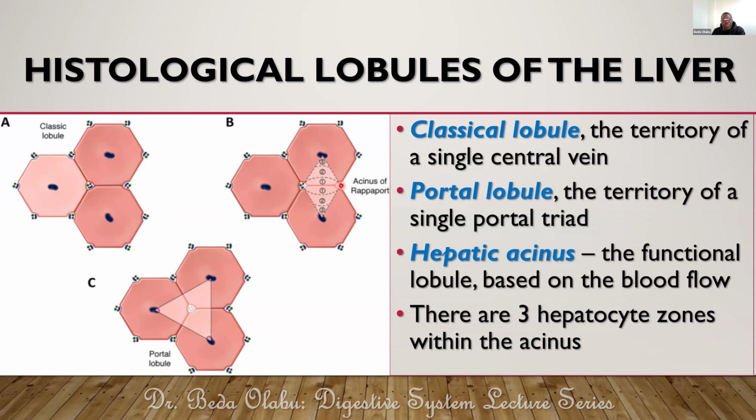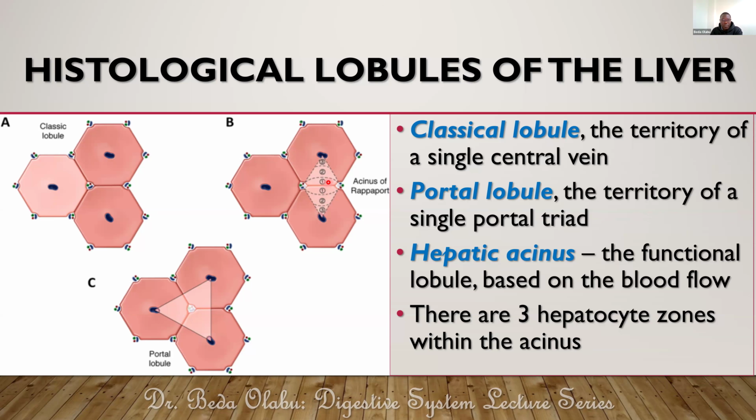So this other portal vein, the one found here, will also take its blood that way and that way. This helps us to define 3 territories within this diamond on either direction. On the direction of that classical lobule and of this other classical lobule, we have 3 histological zones of the hepatocytes.